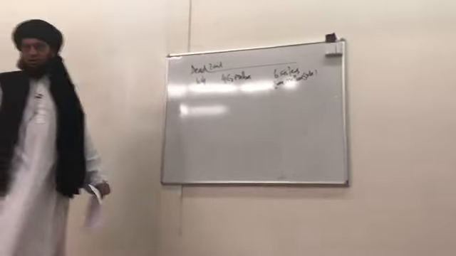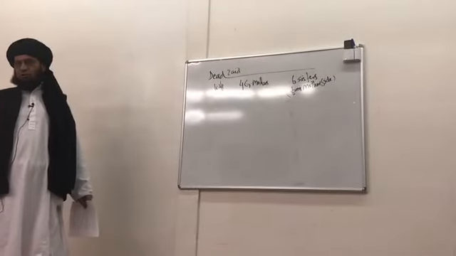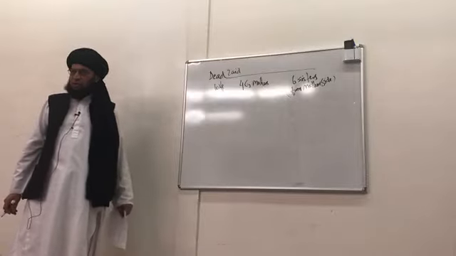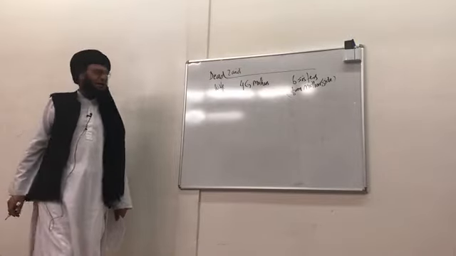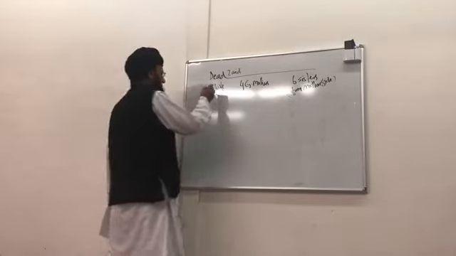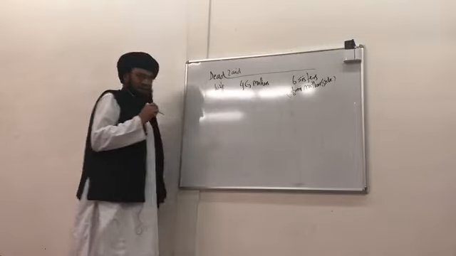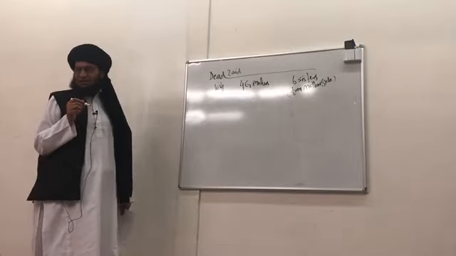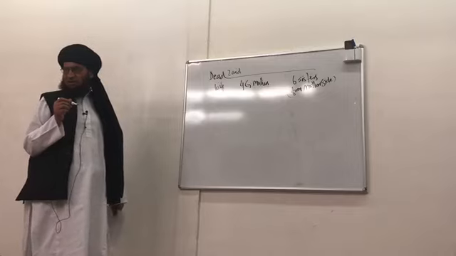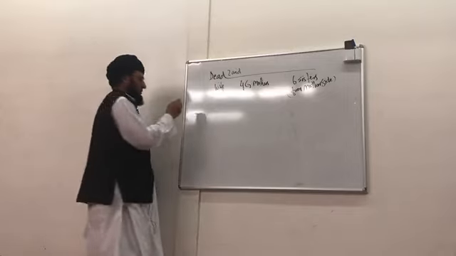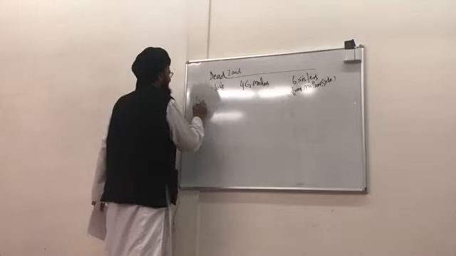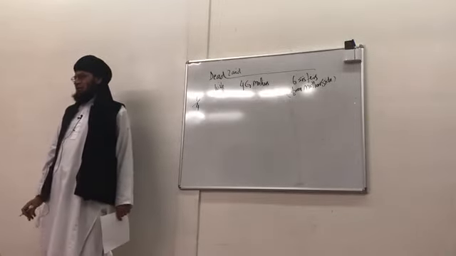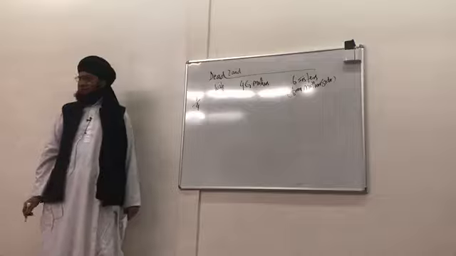Now first, we have to look into the solution according to the rules of inheritance. So the wife, in this case, when the deceased does not have kids or grandkids, how much does she take? 1/4. And the grandmothers, doesn't matter how many they are, take 1/6.